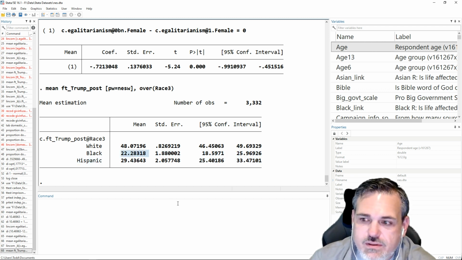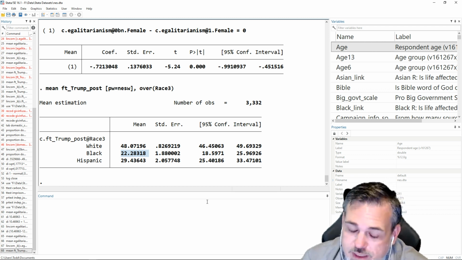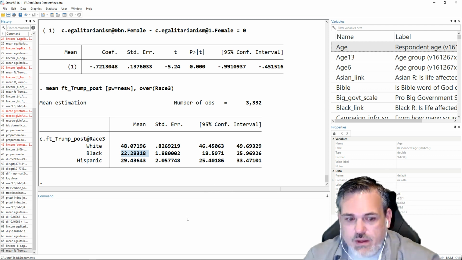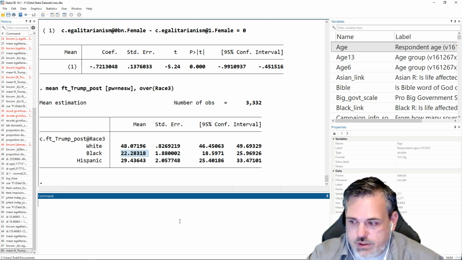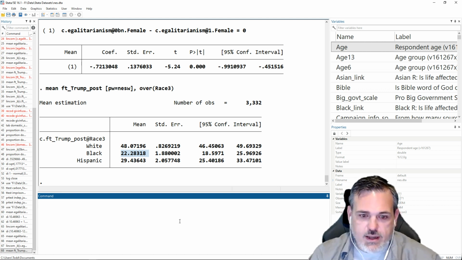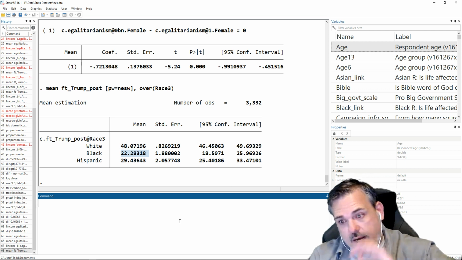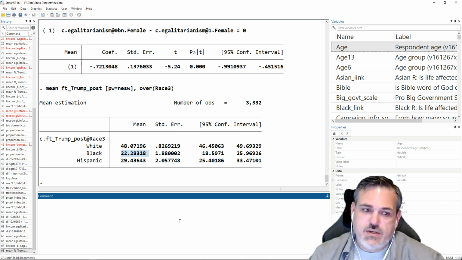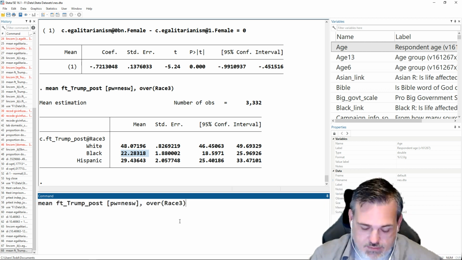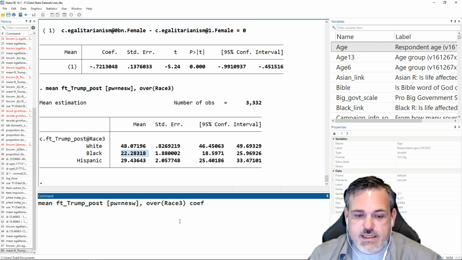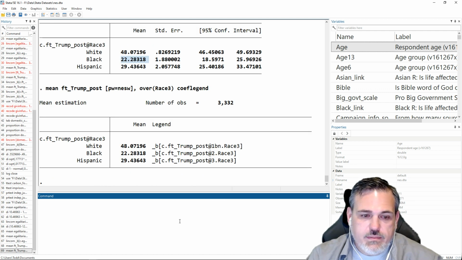So there is absolutely going to be a statistically significant relationship here. But in order to examine it and get the actual t-score and have it tell us that it's statistically significant, we're going to have to go to this coefficient legend again and subtract black from Hispanic.